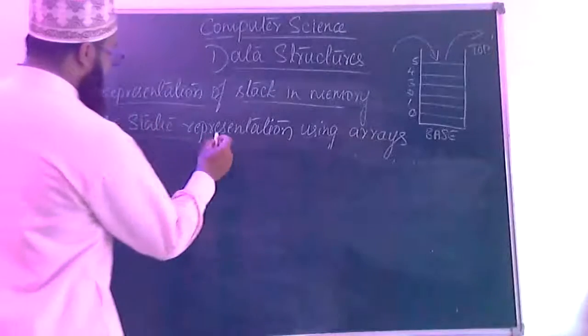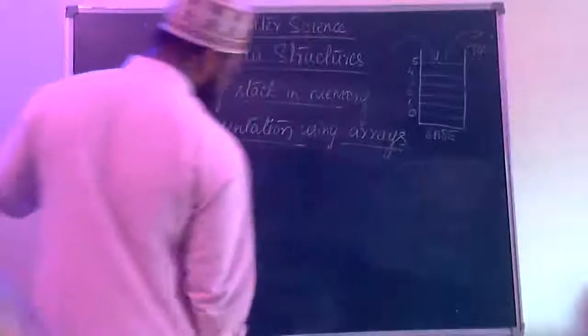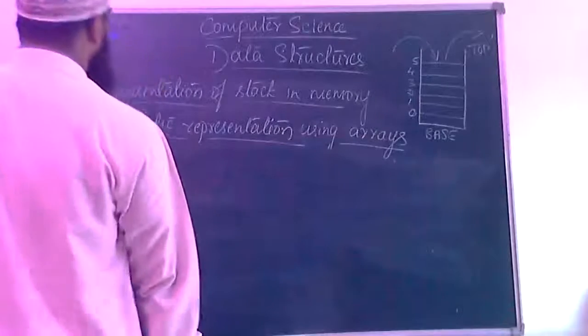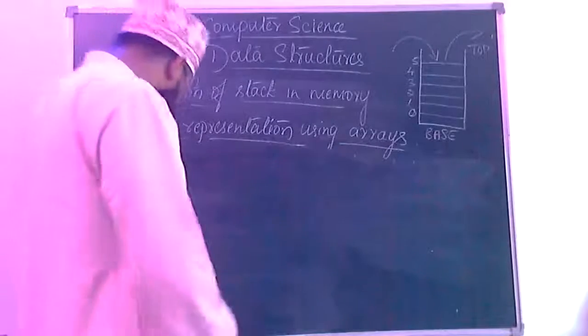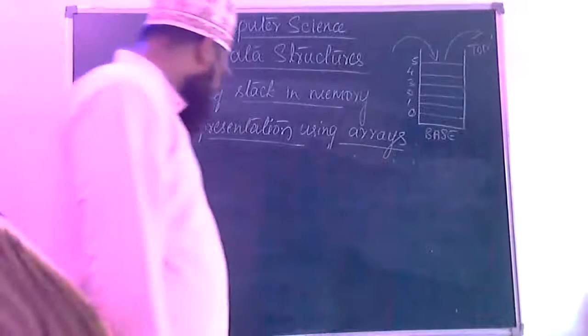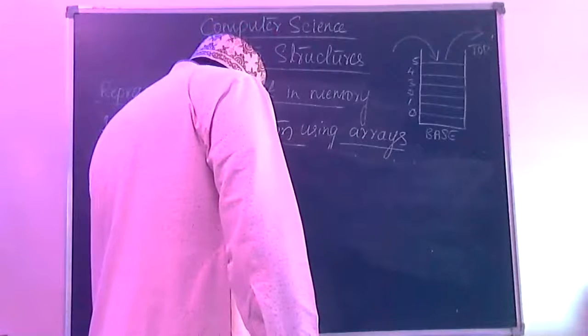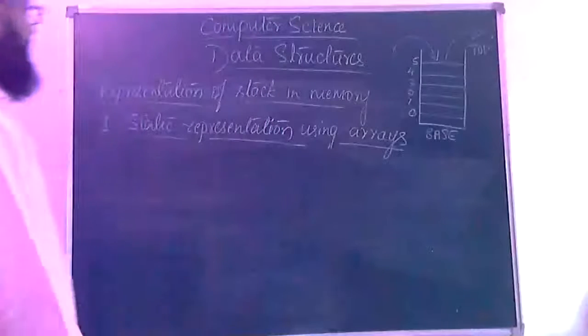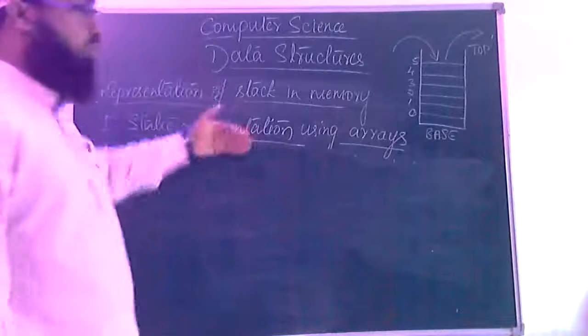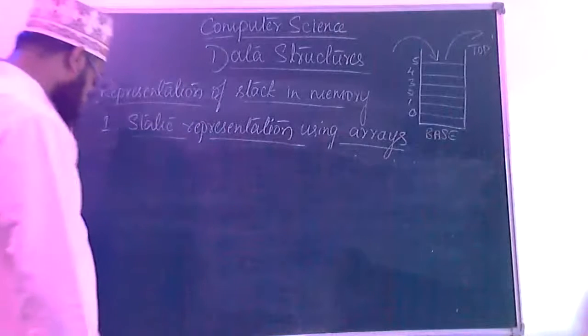How can the static representation of a stack using arrays be done? I will read the definition first, then I will explain.